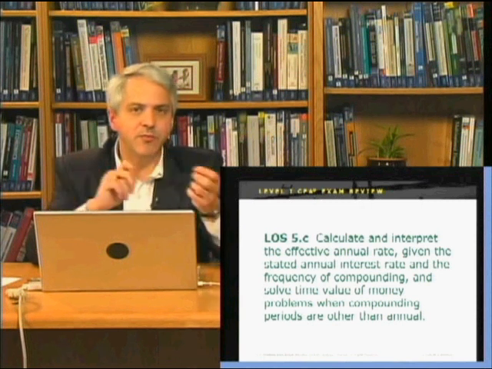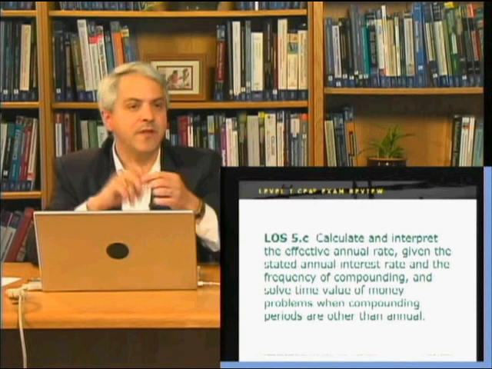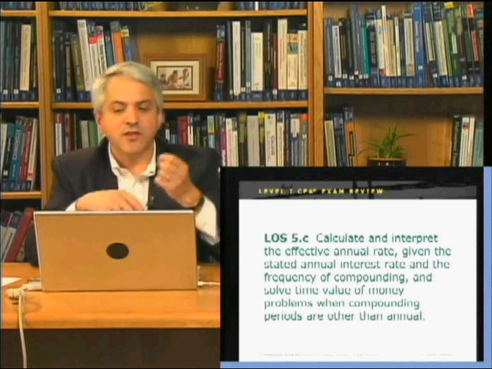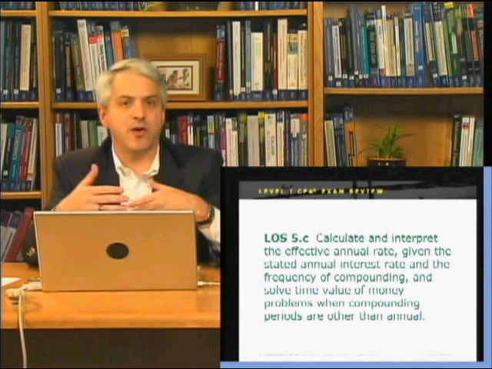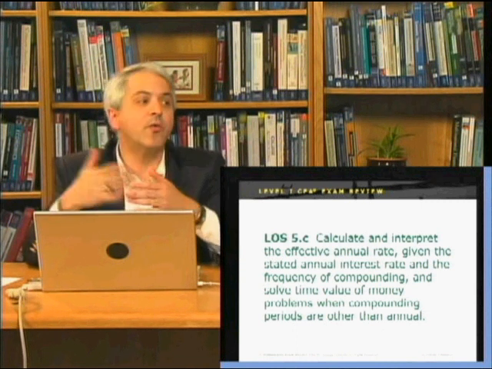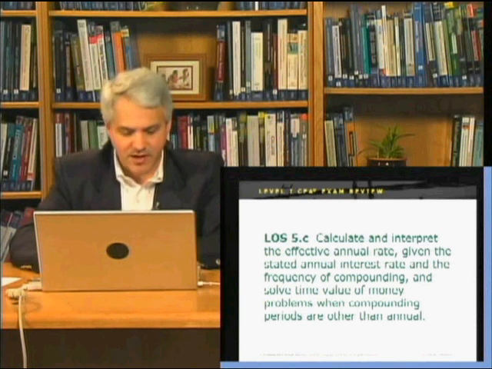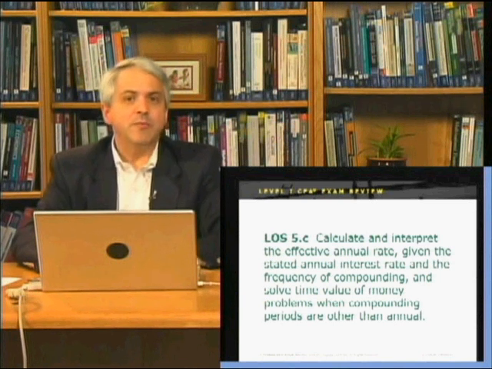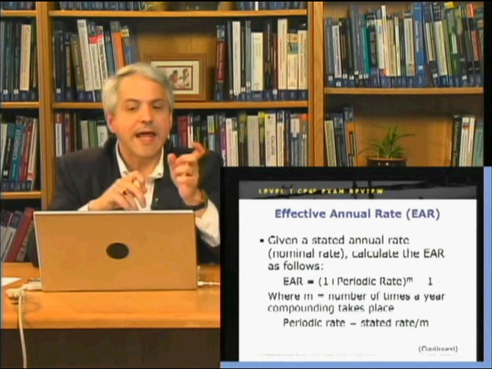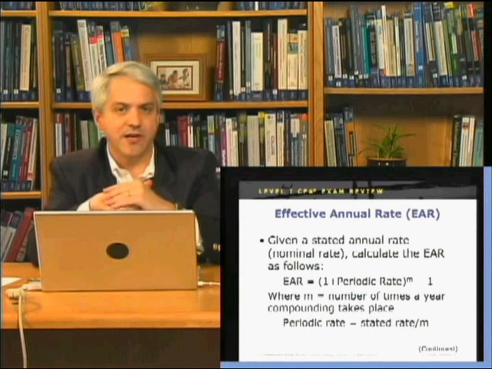And we need to be able to make the connection between an effective rate and a stated rate. The effective rate is going to assume this concept of compounding, where we're going to be able to earn money on our money, where the nominal rate just assumes that component away.